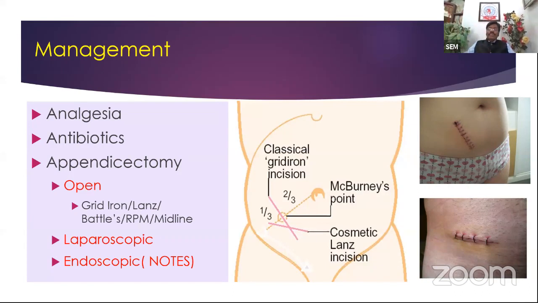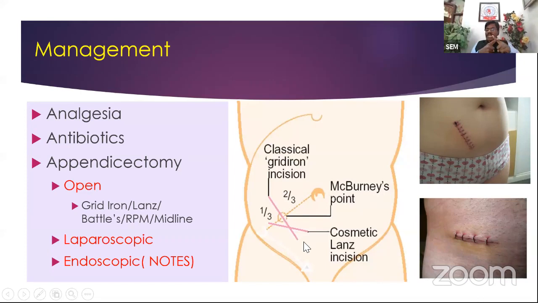You should know these are the various incisions we make. The commonest incision is drawn here for you as an undergraduate. You should know the classical gridiron incision. What is gridiron? Gridiron is crisscross. You make the incision in the skin this way and divide the muscles the other way, the peritoneum this way.